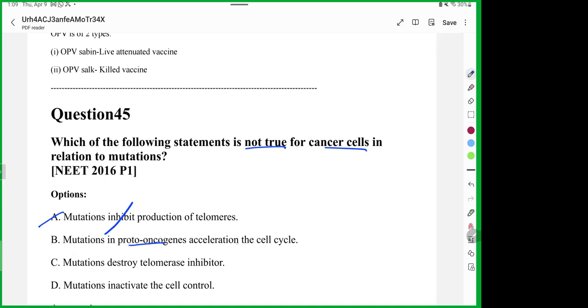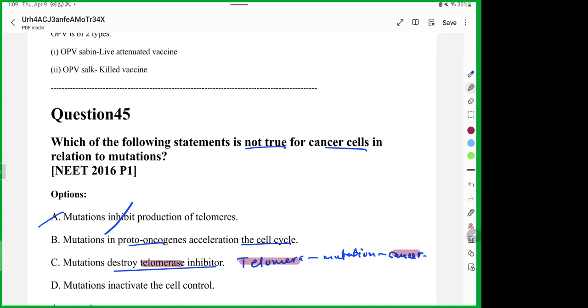Mutation in proto-oncogene accelerates the cell cycle. Mutation destroys telomerase inhibitor. So telomerase will activate, and telomerase is responsible for cancer. Remember this. Though it is an old topic, remember: mutation destroys the telomerase inhibitor, so telomerase should activate, and when the telomerase enzyme acts, it is responsible for cancer.